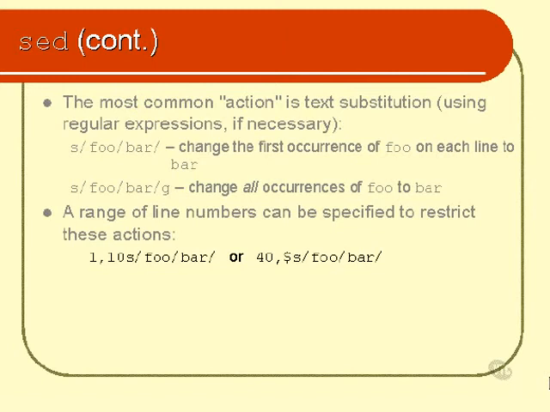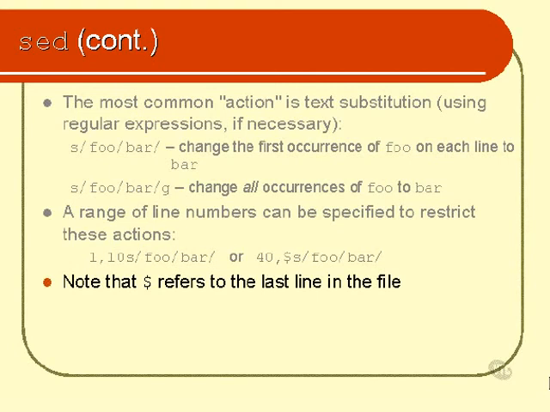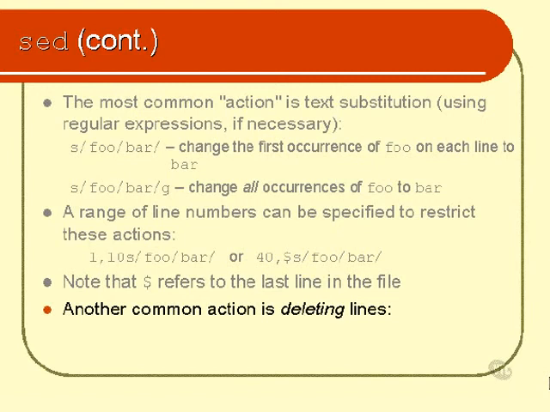So all the way from line 40 to the last line of input, I want you to substitute foo for bar. If you don't specify line numbers, then the actions will be performed on every single line of input. And as I mentioned before, the dollar refers to the last line in the file, or last line in the input, more accurately.